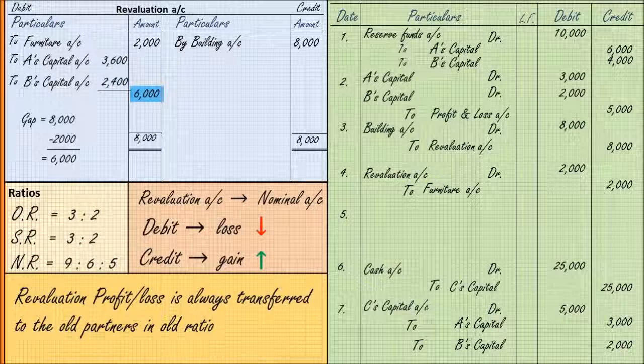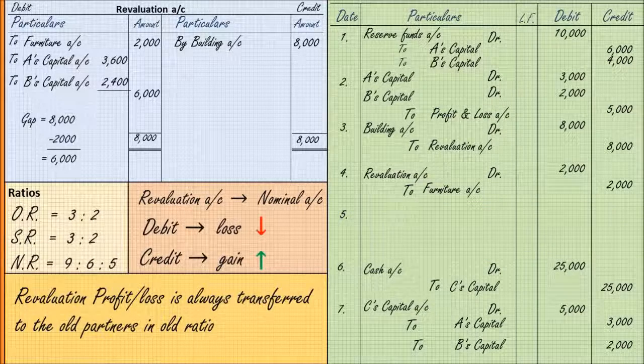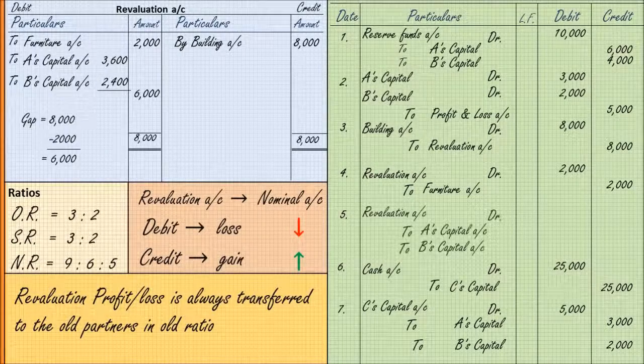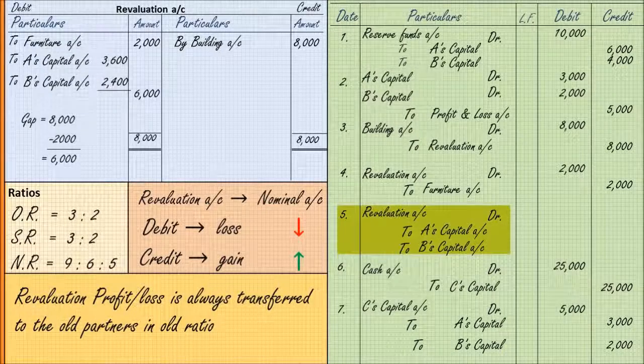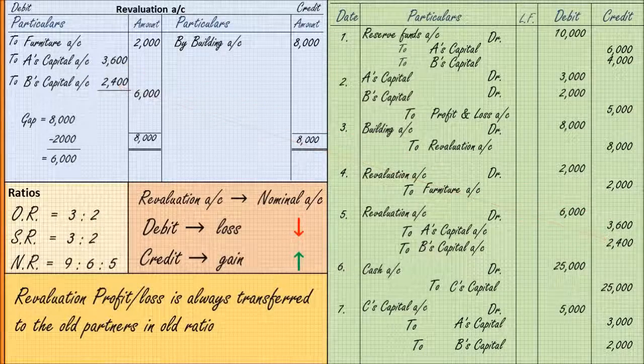When we were passing journal entries, we had left space for one journal entry for the profit or loss. Now we have found it, so we have to pass the journal entry in that space: revaluation account debit to A's capital, to B's capital, and the amounts will be 6,000, 3,600, 2,400.